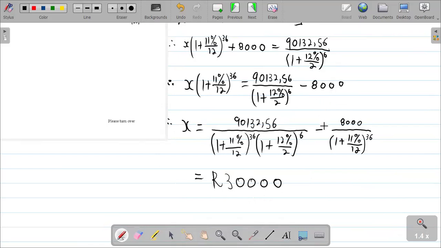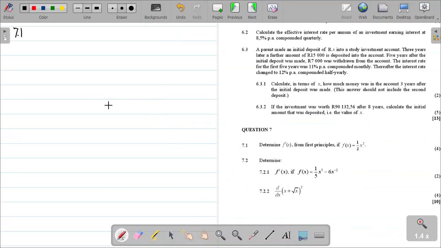So, okay, that is it for question 6. Let's go to question 7. Let us look at question 7 now. So we must determine f prime of x from first principle.